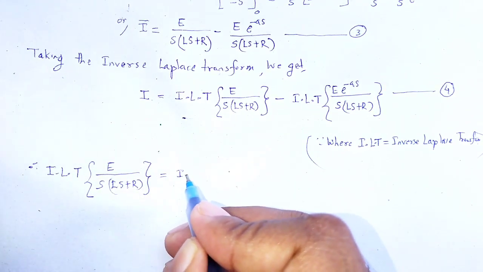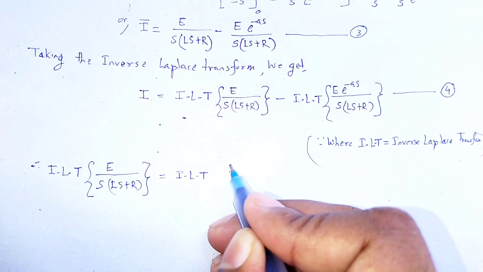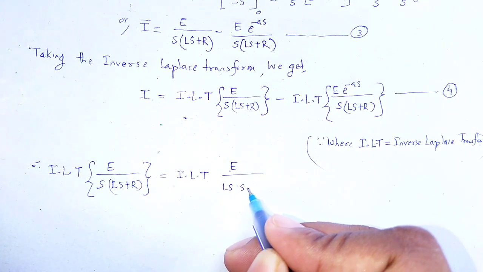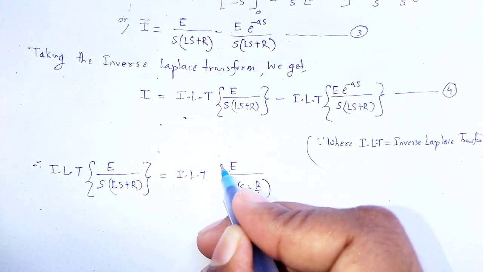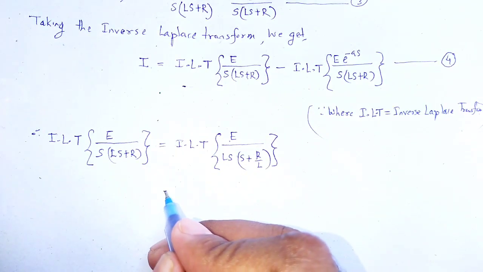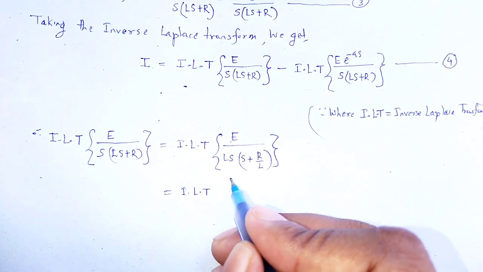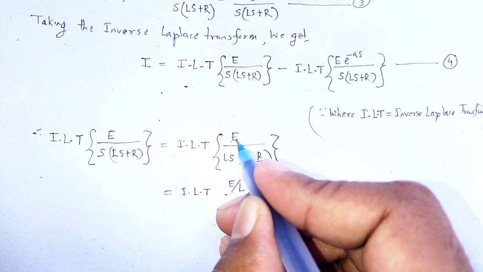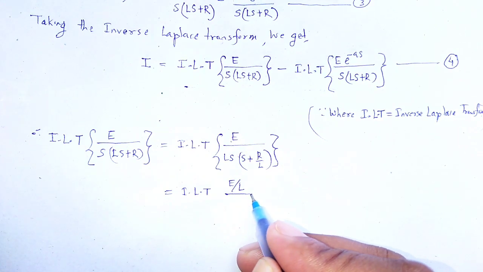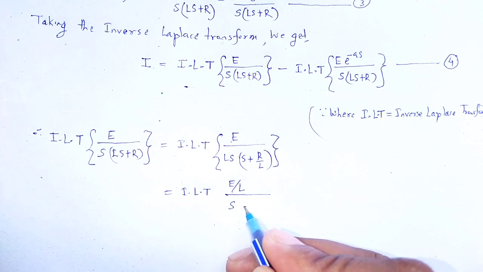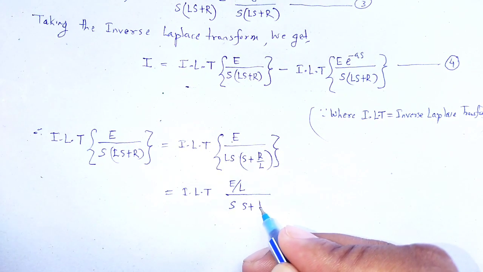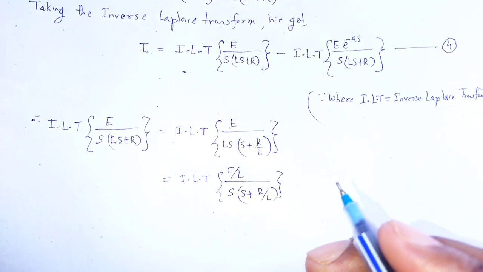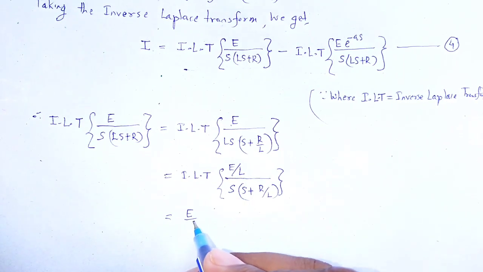It is equal to the inverse Laplace transform of E divided by L s whole into s plus R by L, taking Ls as common, which is the inverse Laplace transform of E by L divided by s whole into s plus R by L. E by L is a constant, so take it outside.